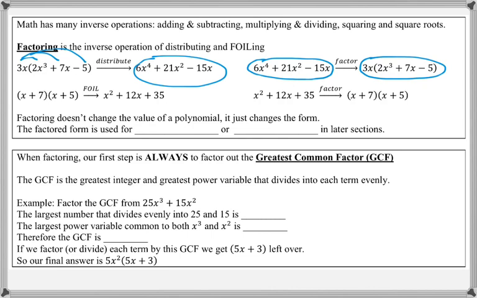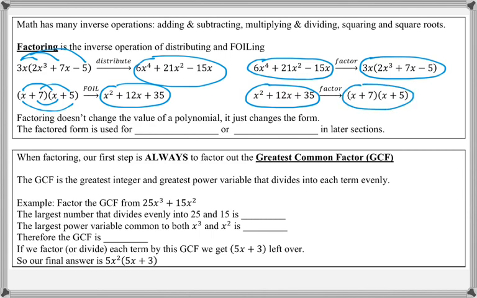Also, it's the reverse of foiling. In the previous chapter, we did first, outer, inner, and last to get this trinomial. Now we're going to start out with that trinomial, and we have to work backwards to get the original two binomials. So this whole chapter is really reversing everything that we did in the previous chapter.